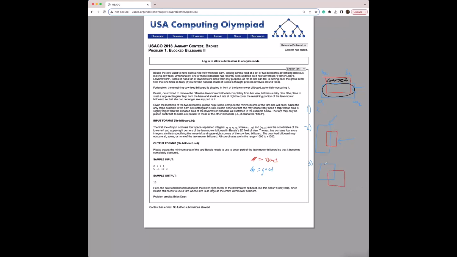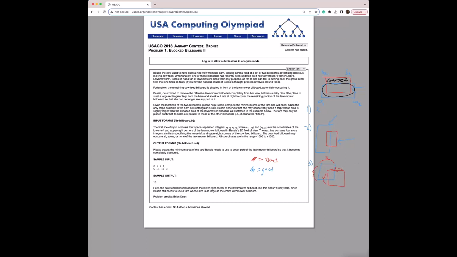So as you can see here, the x length is not wider than the x length of the bad billboard, and the same goes for the y length of the good billboard and the bad billboard.